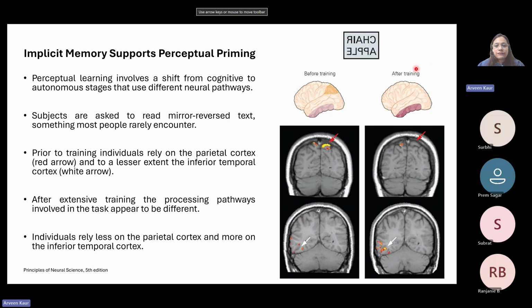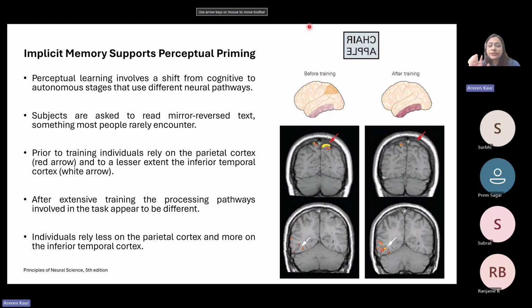So if, for instance, subjects are asked to read mirror reverse text, something most people rarely encounter, right? We generally don't see text written like this. So if I have to read these particular mirror inverted texts, my brain might take a little while if I'm seeing it for the first time. But by now I have probably seen it thrice or four times maybe, so I can immediately read that this first word is chair and the other is apple, right?